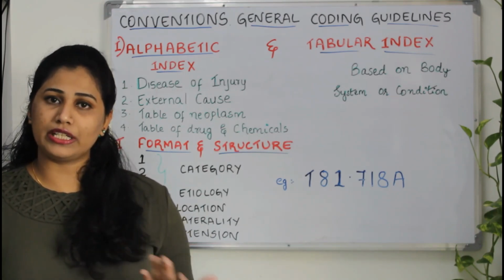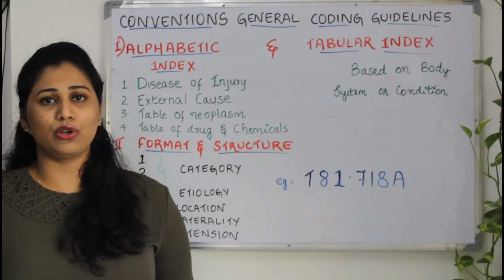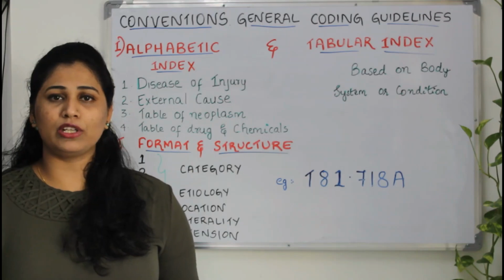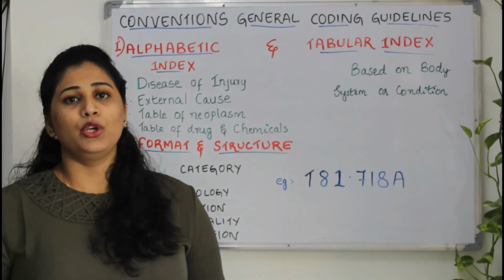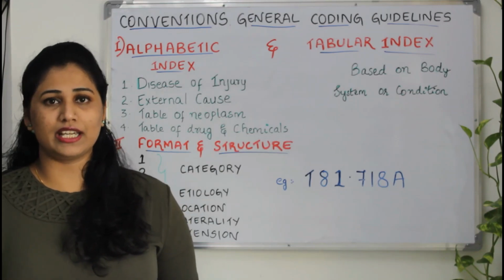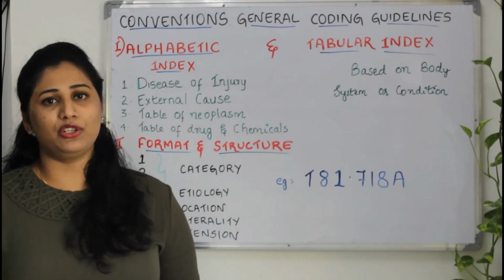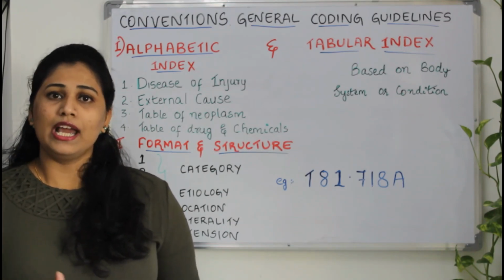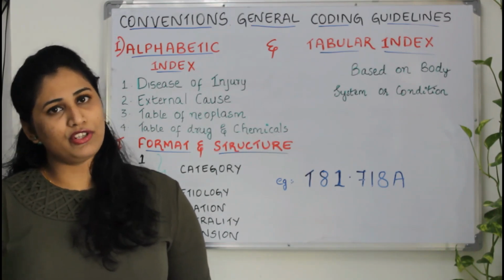If you go to the table of disease or injury you will get it too, but more specifically you will get the code from the table of neoplasm. There you can find in which quadrant the CA is, and whether it is a primary or secondary cancer, in a detailed way.